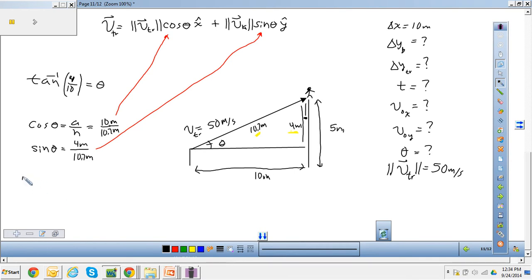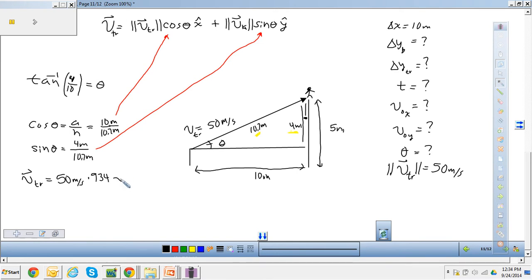So now we have v, our trank dart vector here, is equal to 50 meters per second times cosine, which is, can someone divide this for me? 10 divided by 10.7. Point what? Give it to me at 3 significant figures. 0.934. All right, that looks good.